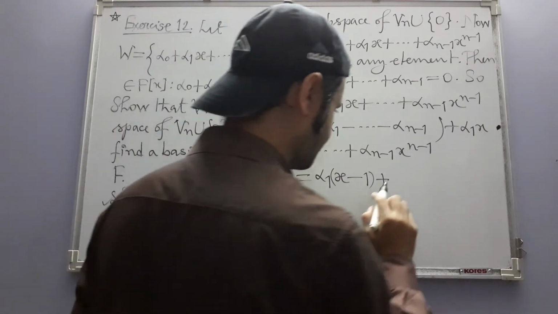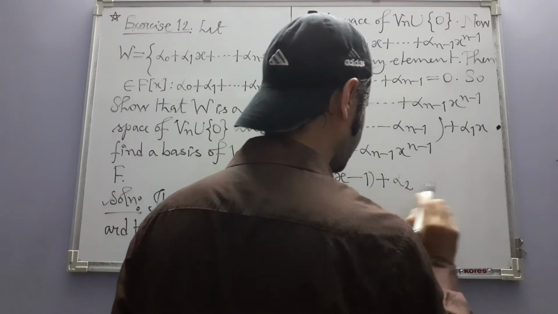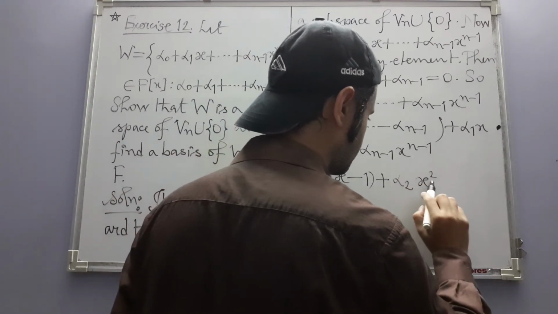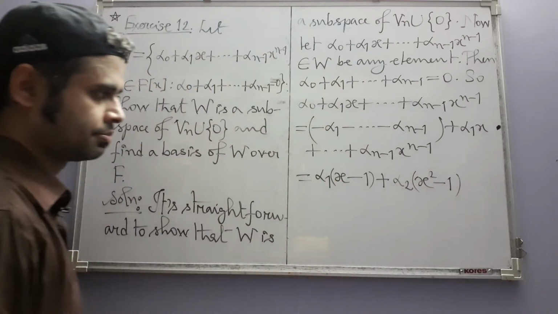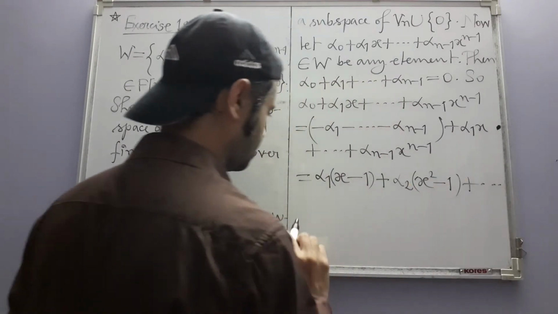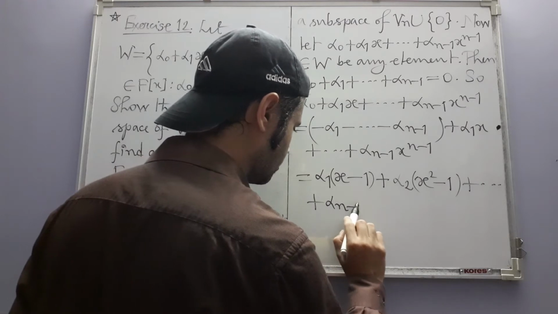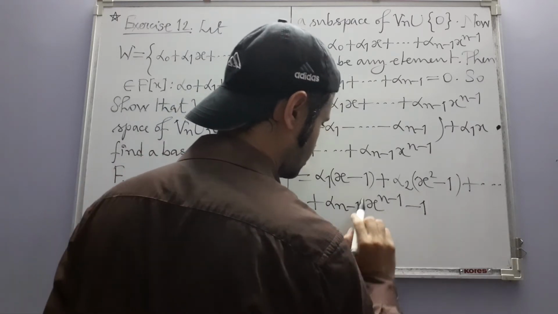So let's just write that, otherwise it looks too barren. And what about this one? Alpha n minus 1 x to the power n minus 1 minus 1.